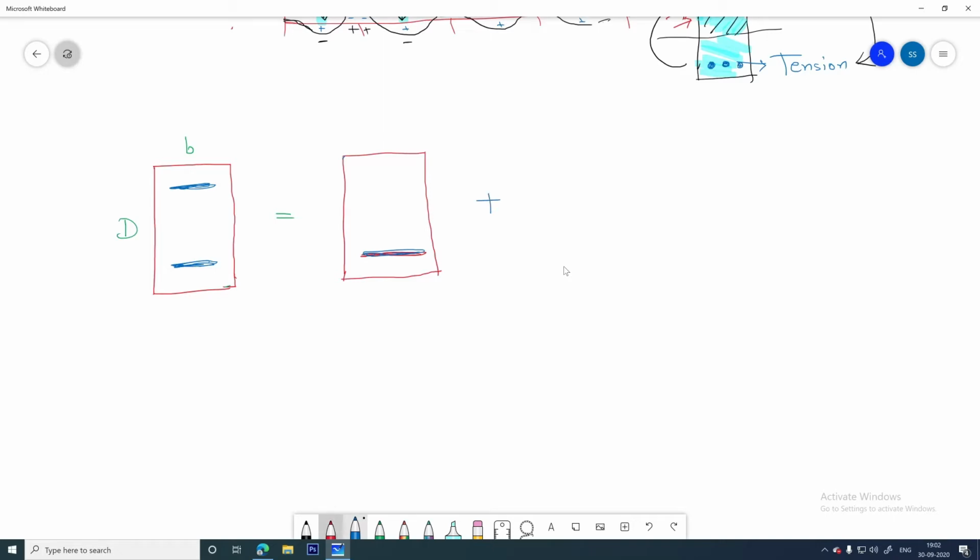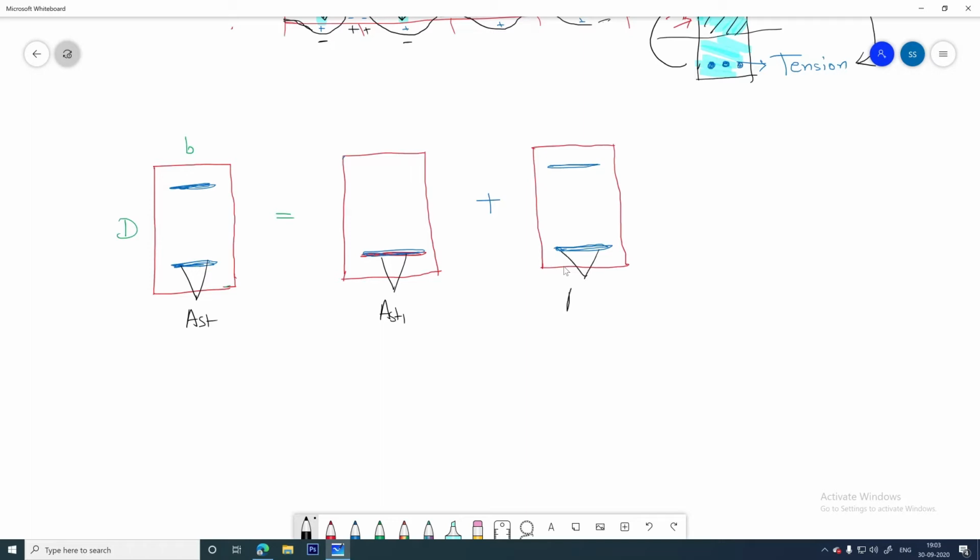Plus the second one is, in this portion we need to provide the reinforcement for the extra moment which is not carried by the singly reinforced beam section.